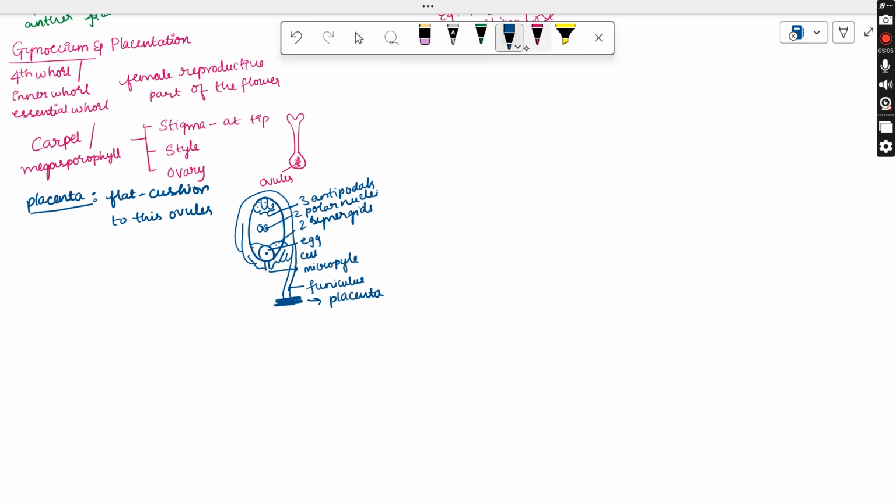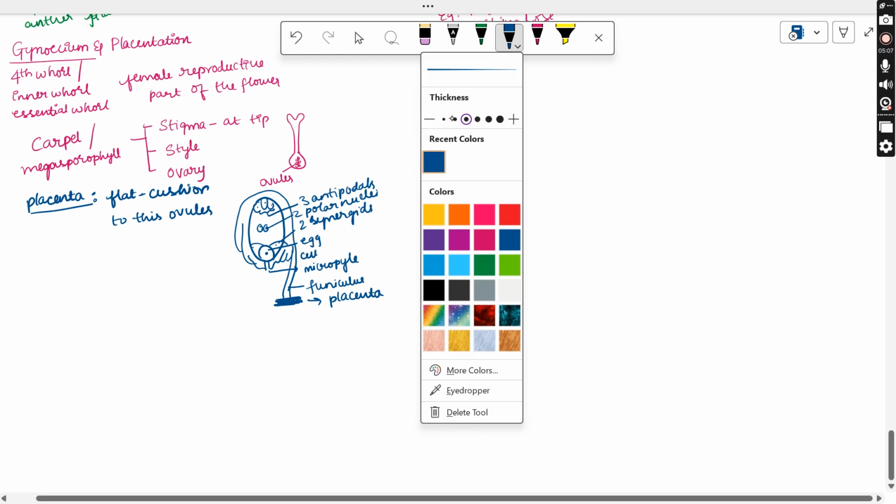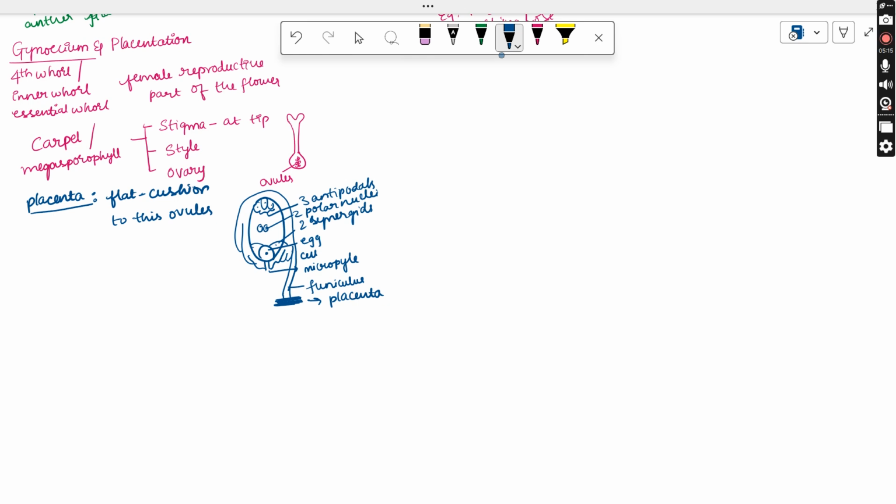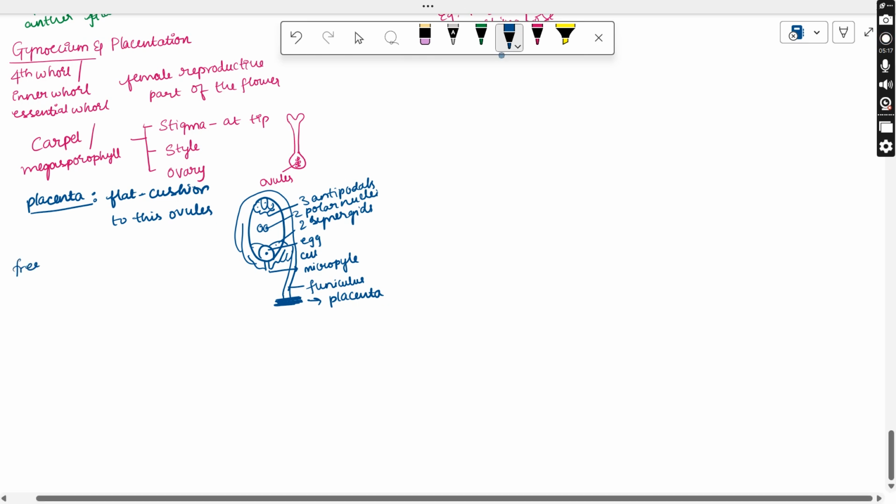But what is the case whenever more than one structure is present? Then we can see different conditions. Whenever there is more than one carpel, they may be in a free condition or in a fused condition. If one is present, it is individually present. If more than one, it is either free or fused.